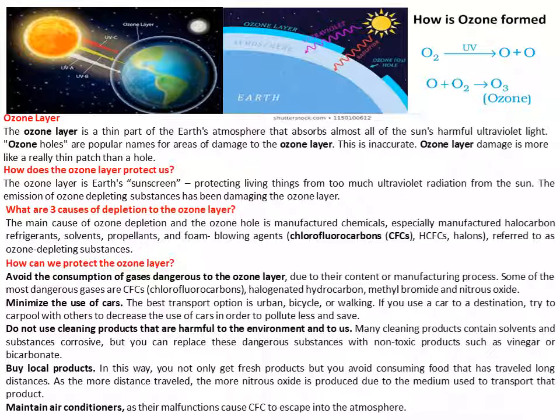Ozone layer damage is more like a really thin patch than a hole. How does the ozone layer protect us? The ozone layer is Earth's sunscreen, protecting living things from too much ultraviolet radiation from the sun. The emission of ozone depleting substances has been damaging the ozone layer.